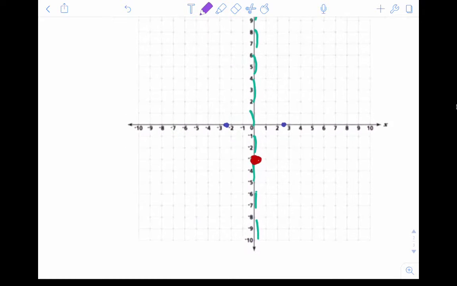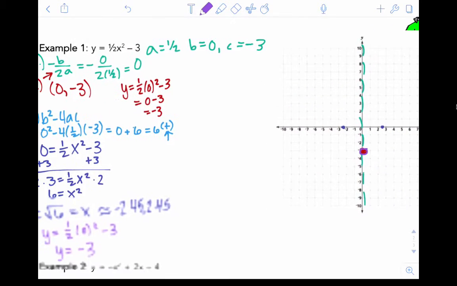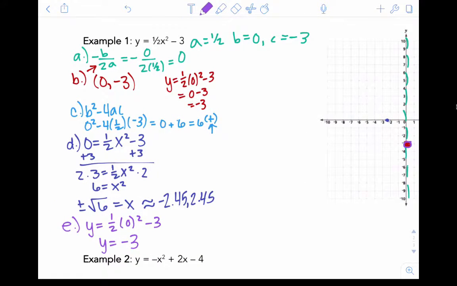When I come over to graph that, that's already graphed because my y-intercept was the vertex, because my axis of symmetry is on the y-axis. It will not always be this way, so you need to make sure to always figure out your y-intercept, but in this scenario, it happened to work out that way.